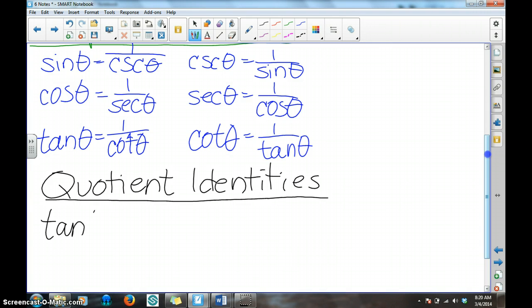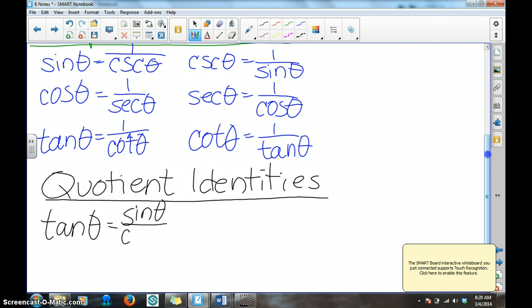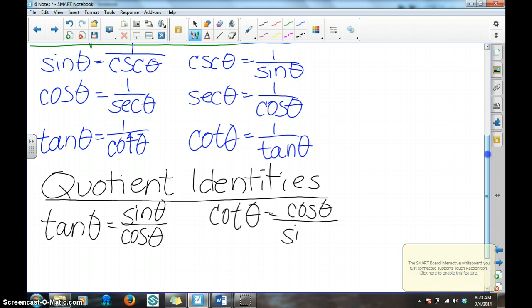And the quotient identities are that tangent is sine divided by cosine, and the cotangent function shows up as cosine being divided by sine. Does everybody understand the term quotient in that particular place?